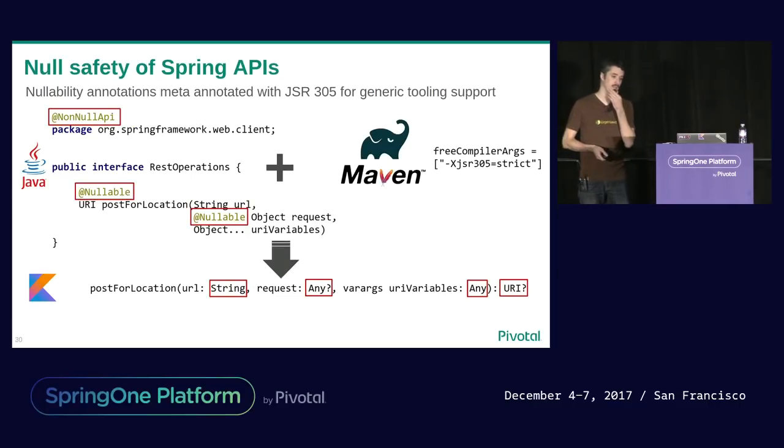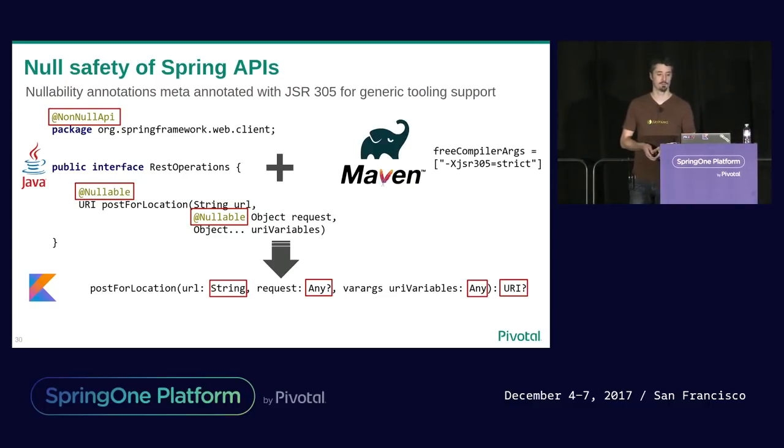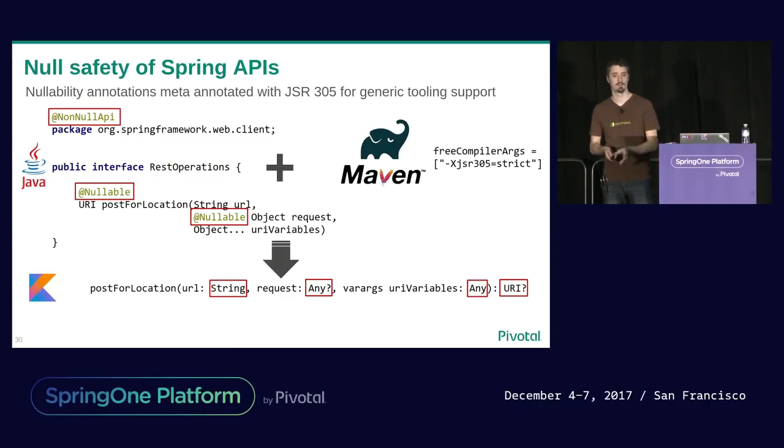So what we did, and I think it's one of the features that took the most time to Juergen and me to do, is to add null safety annotations in the whole Spring Framework API. The journey is not finished yet, but we are close. The principle is that Spring Framework 5 provides the @NonNullApi annotation, which defines the default at package level, and it says every non-annotated parameter or return value is considered non-nullable.